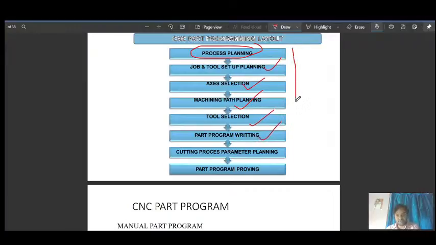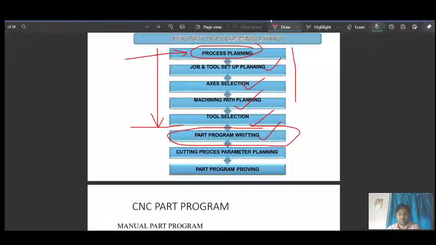Because to write a part program we need all this knowledge. It means the steps we need to follow for the machining operation. So we need to have all the machining operations. Then the tool and job workpiece we need to select and set up.